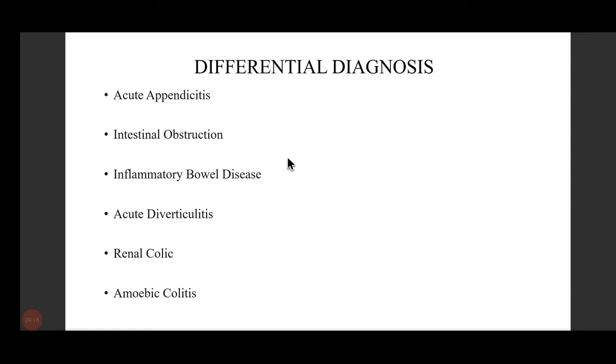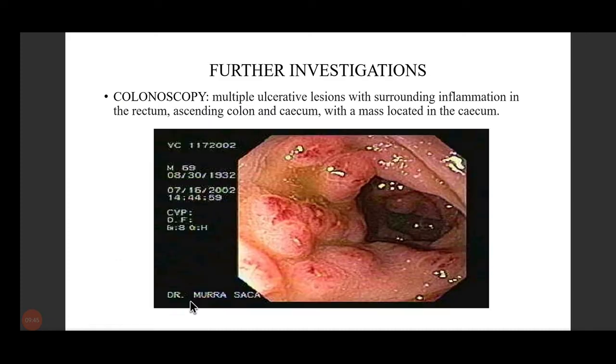Renal colic pain is not that severe, okay, but yes, it is there in the right lower quadrant. It may be present there. Amoebic colitis or any other infectious etiology we can think of, but not that severe. Okay, amoebic colitis we'll see in the subsequent slides, whether it can create such a condition or not.